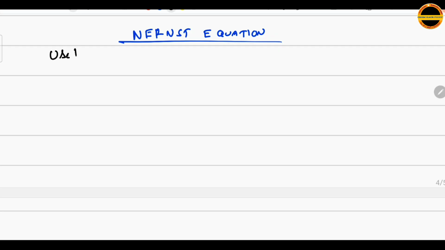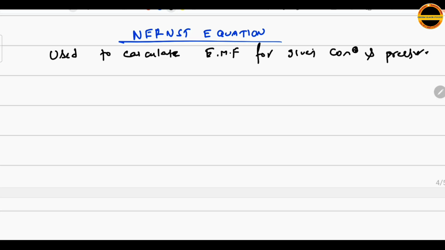It is used to calculate EMF or E cell for given concentration and pressure.